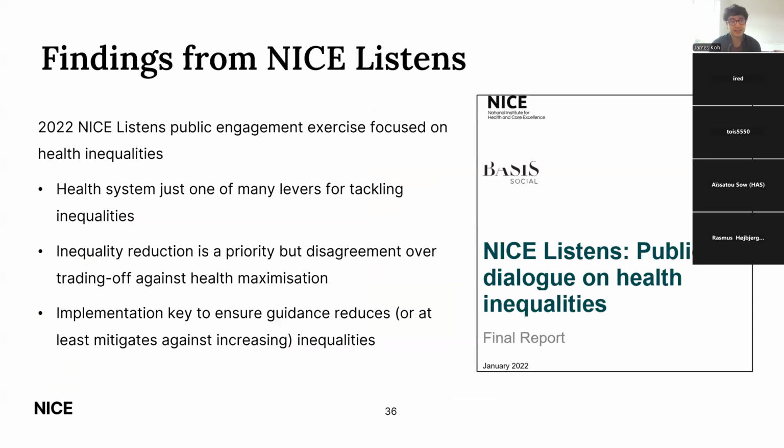NICE also has a deliberative engagement arm. It used to be called the Citizens Council, where there was a standing panel of public advisors, effectively, who would think about important social value topics that NICE was engaging with, and would advise NICE in terms of its principles and social values.